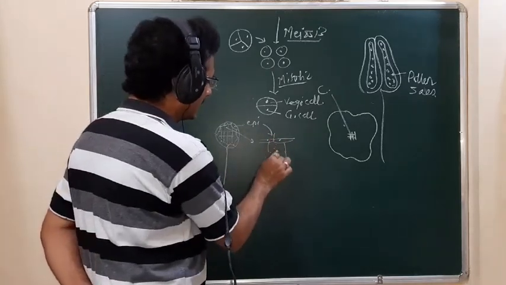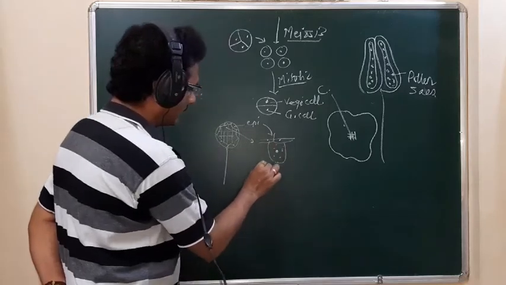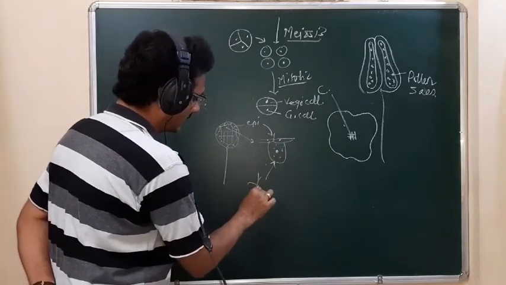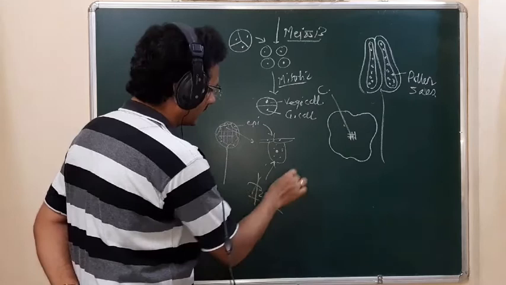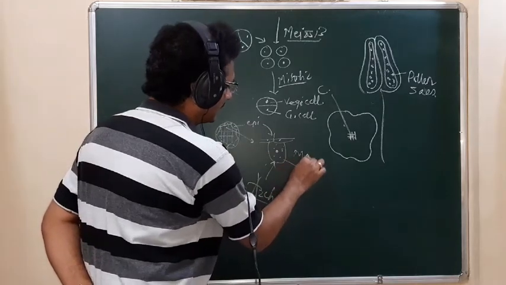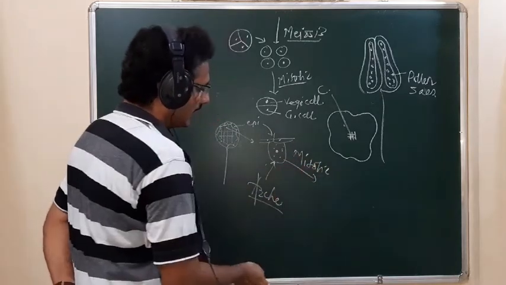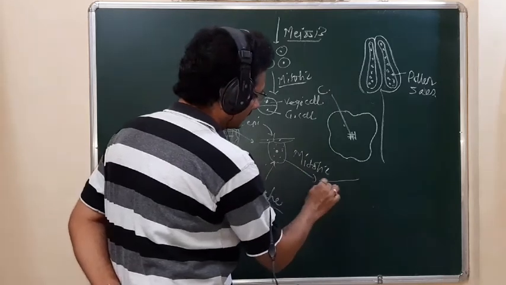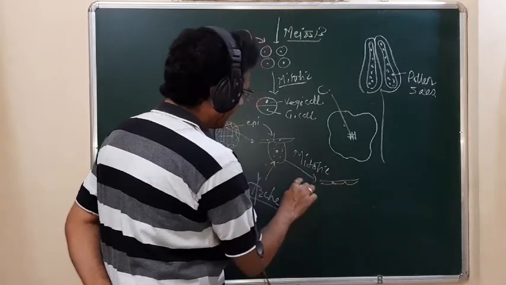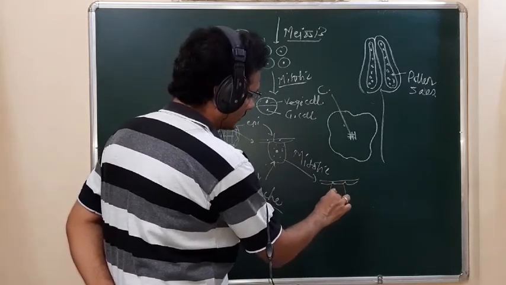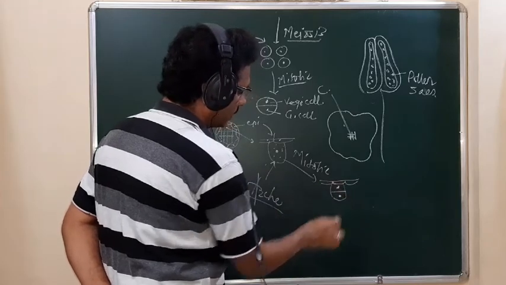This archisporial cell divides by mitotic division and cuts two cells, the inner cell and the outer cell.